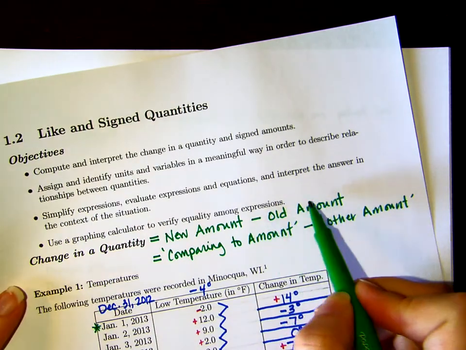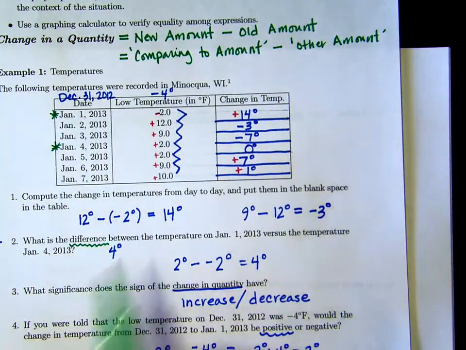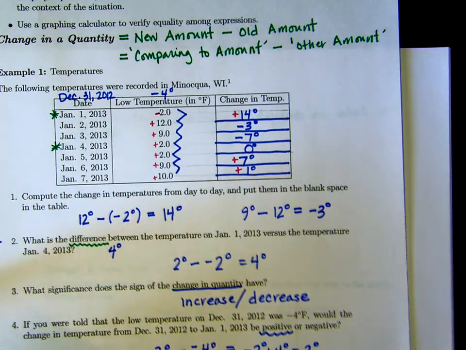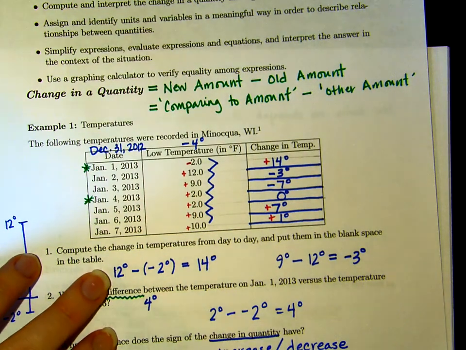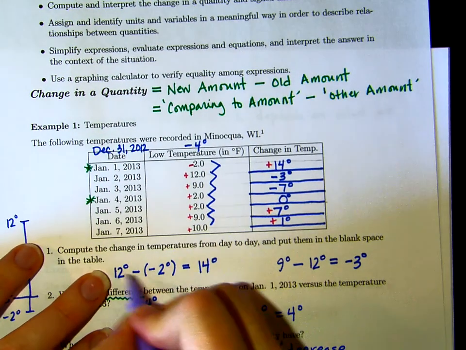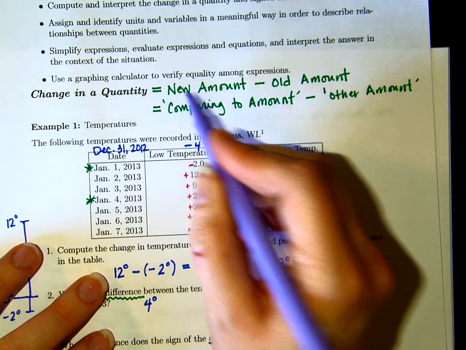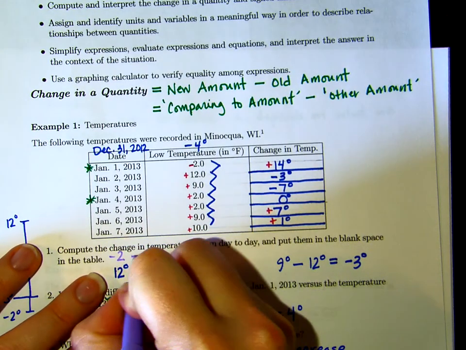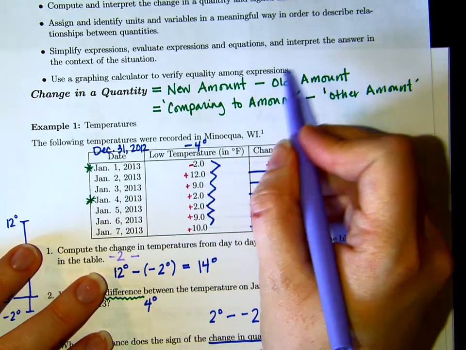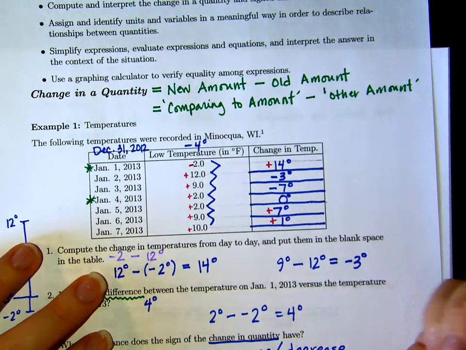So what I mean by that is if we had done old amount minus new amount, so for instance here, if we had accidentally done the new amount, let's say that we had put -2 here, minus the old amount, but we accidentally put that was 12 degrees.